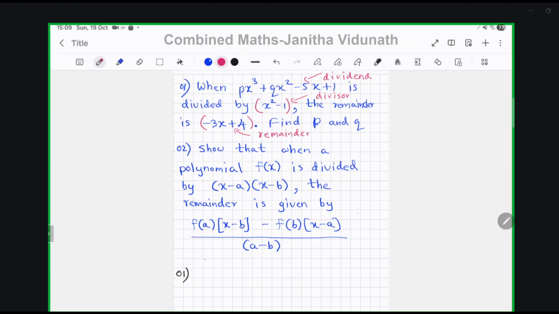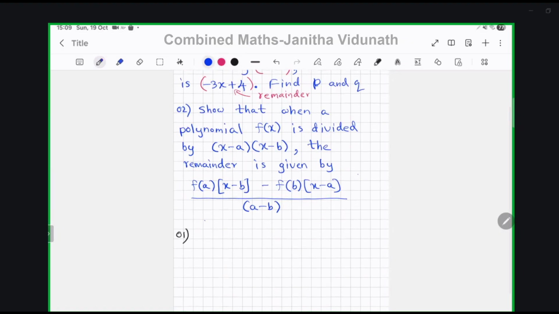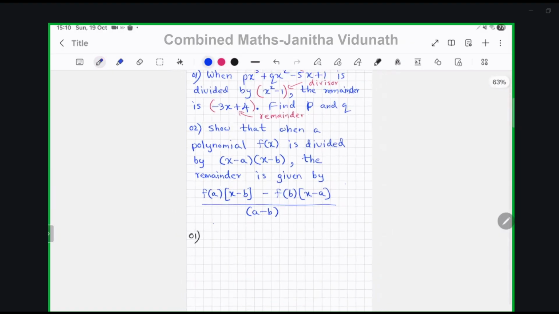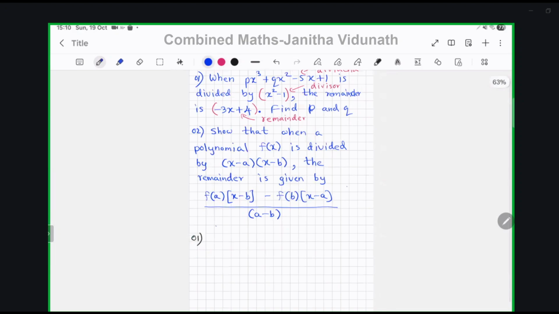Now, according to the division algorithm, we can write our px cube plus qx square minus 5x plus 1 is equal to x square minus 1. That means divisor times quotient, that means capital Qx, plus remainder.